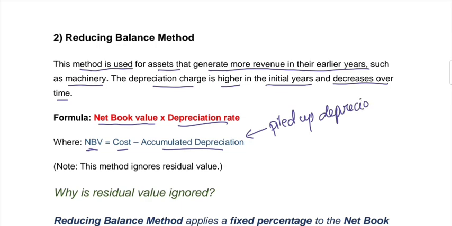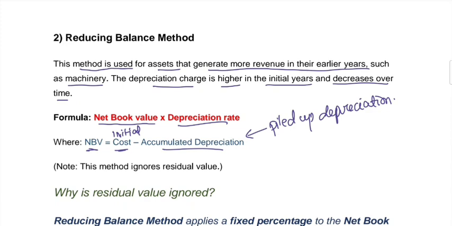So basically it means that if we are talking about the end of year 2, you will take the depreciation charge for 2 years. If you're talking about the net book value at the end of 5 years, you will take the depreciation charge of 5 years. This cost is the initial cost, which is the cost at the very start when we purchase the asset, minus accumulated depreciation, all the depreciation that has piled up for that particular asset.